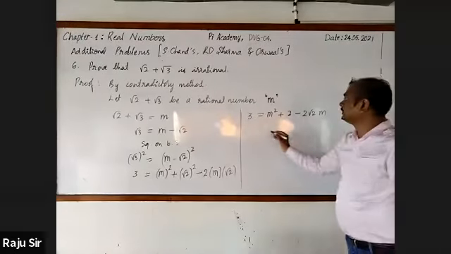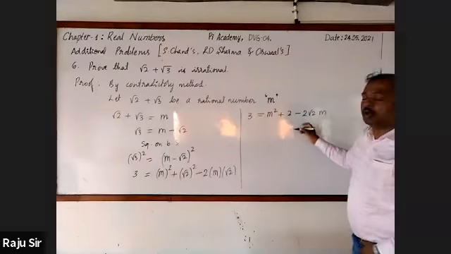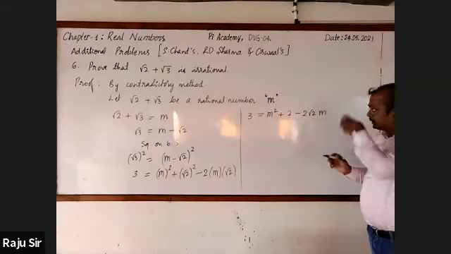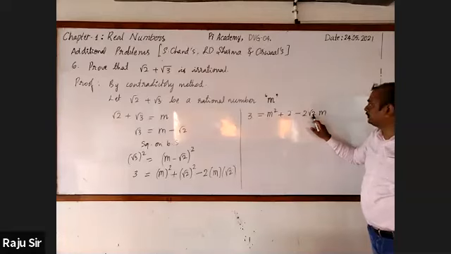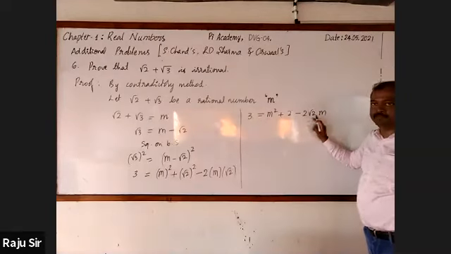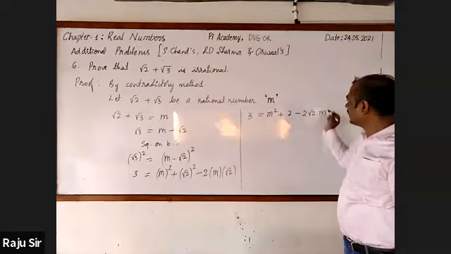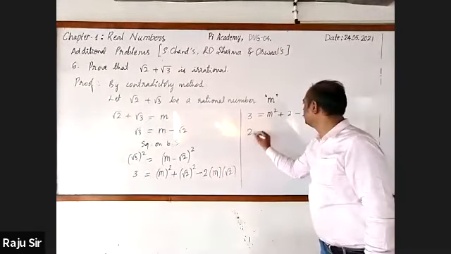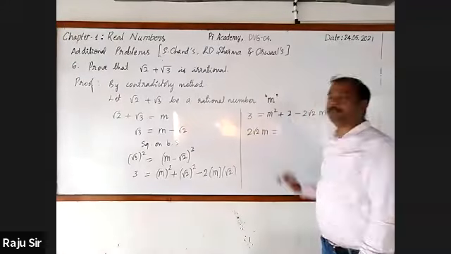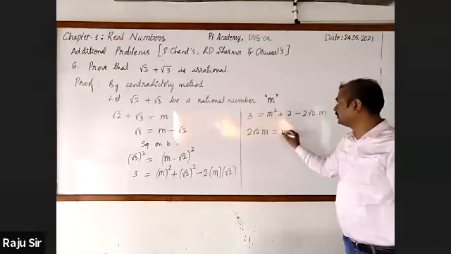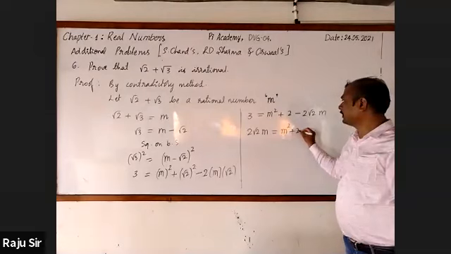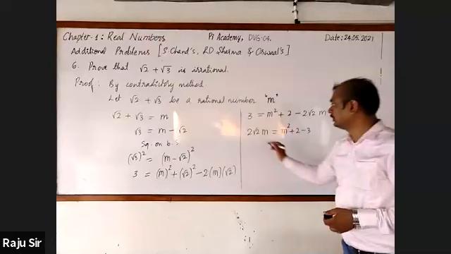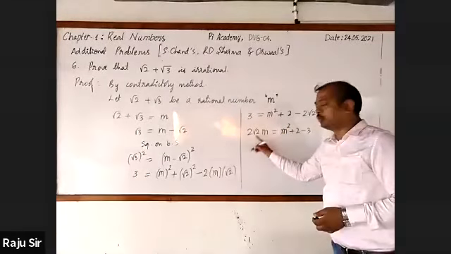Next, you all know that root 2 is an irrational. So you can go for solving this for root 2. Let me transfer this whole term to the left hand side. It is 2 into root 2 into m is equal to m square plus 2 minus 3. Then let us solve for root 2.